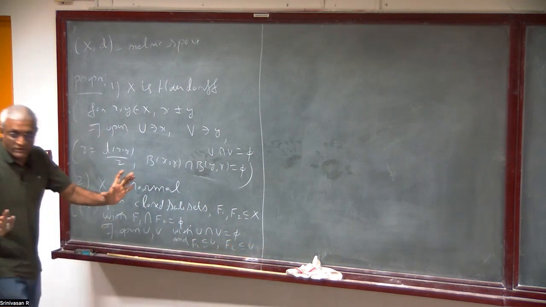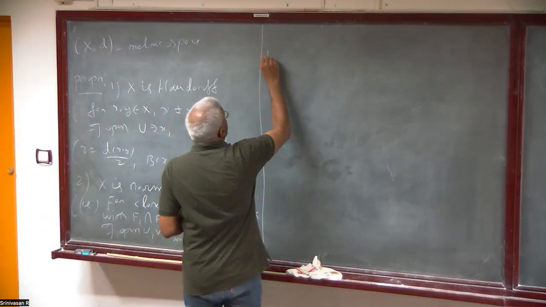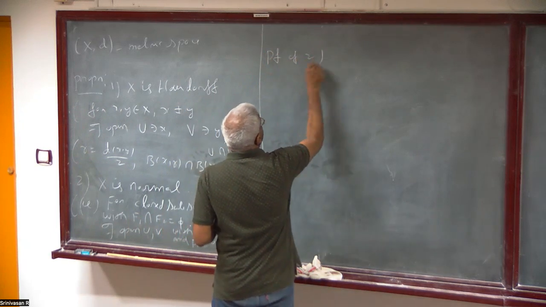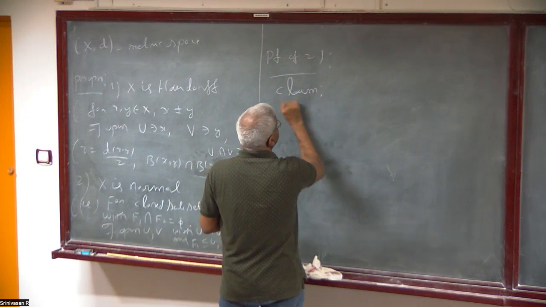So if you have two disjoint closed sets, then you can find open sets which contain those two closed sets respectively, and their intersection is also empty. Okay? So for the proof of 2, we indeed prove the following, from which it will follow.